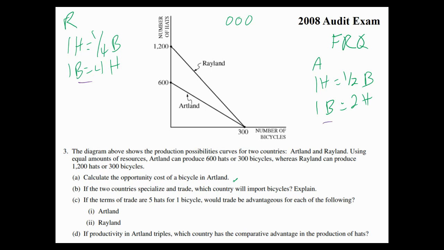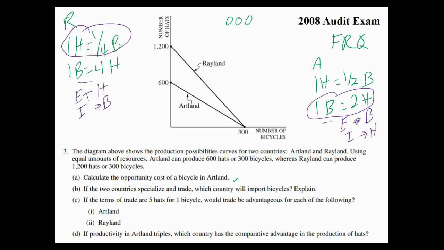Rayland gives up 4 hats, whereas it costs 2 hats for Artland. So Artland will be making bicycles, and Rayland will be making hats. So Artland is going to export bikes and import hats. And over here, Rayland is going to export hats and import bicycles.